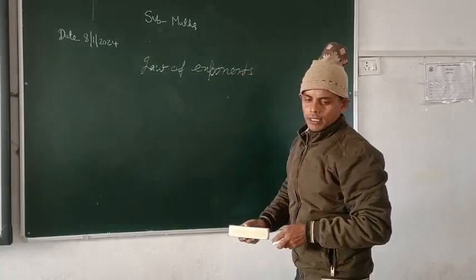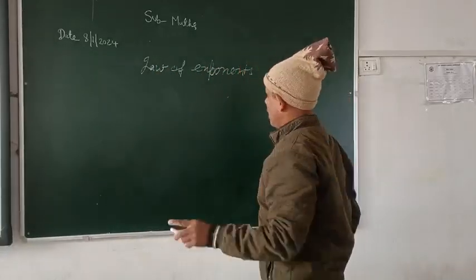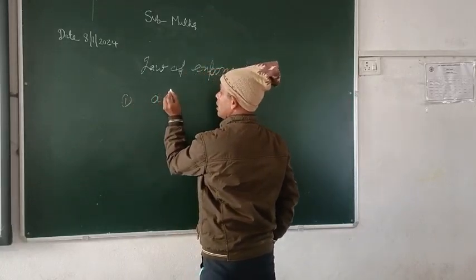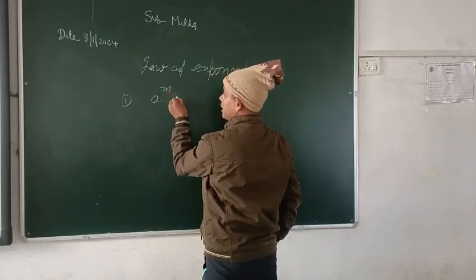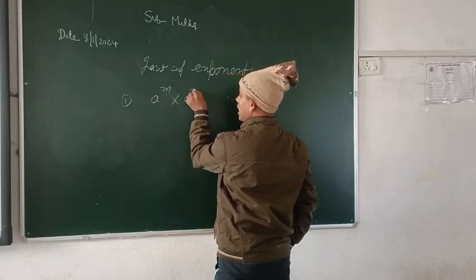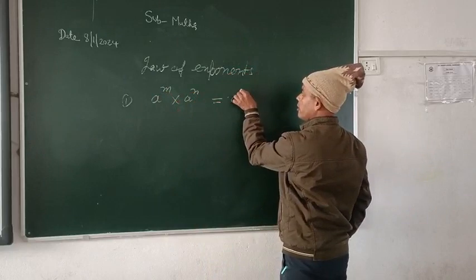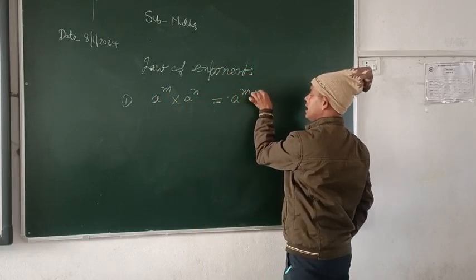Okay. What is the first law? If we have a to the power m into a to the power n, then we can write a to the power m plus n.